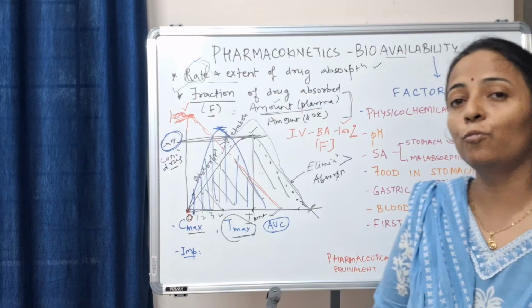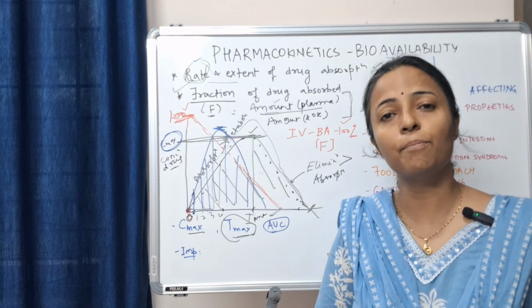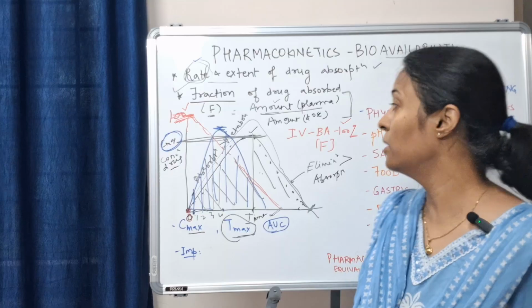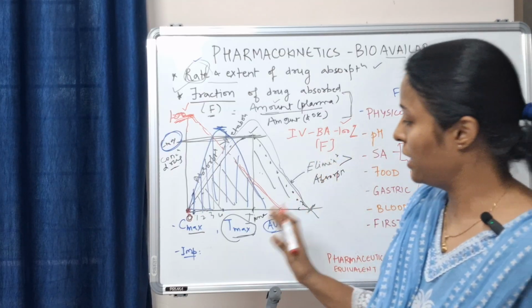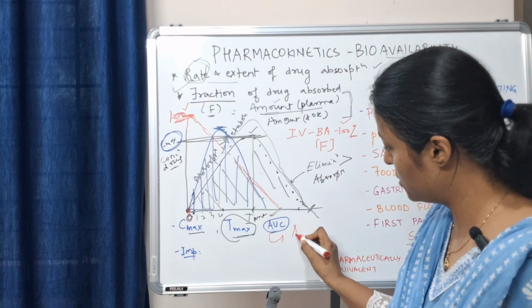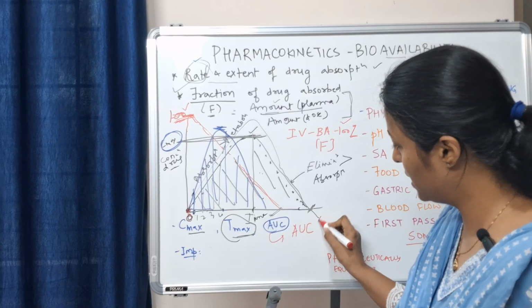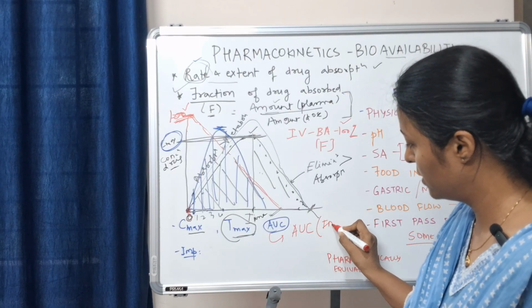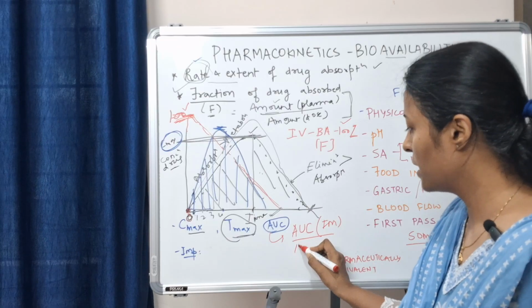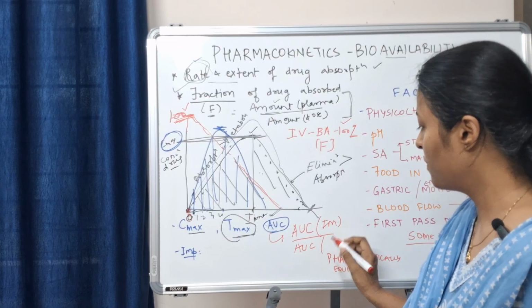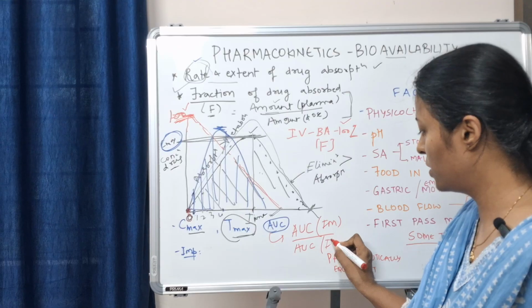So to determine which route you can use, you always compare with the bioavailability of the IV route, right? So the method is, you compare the area under the curve for, say, the IM route, divided by the area under the curve of the IV route.